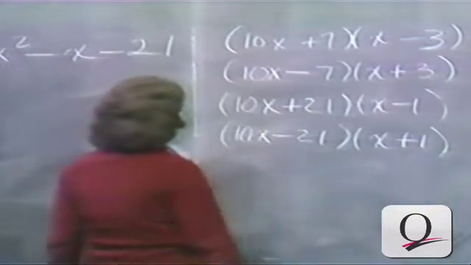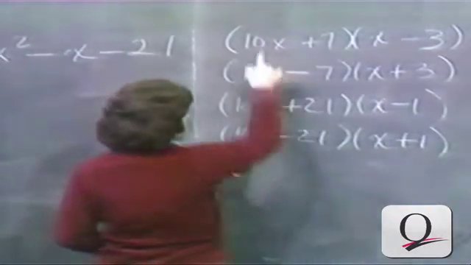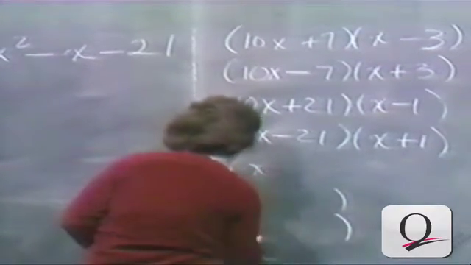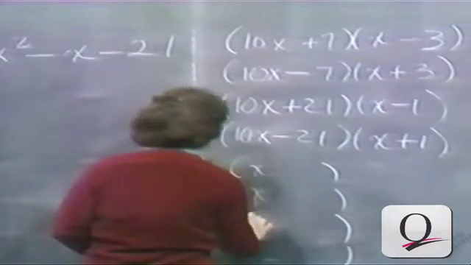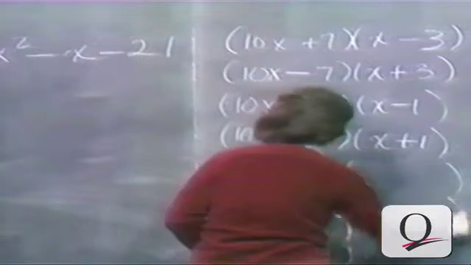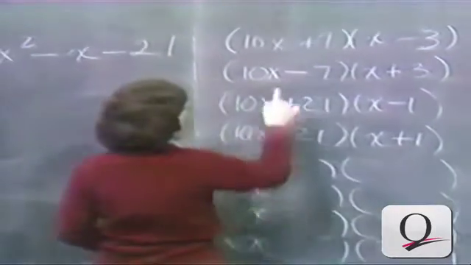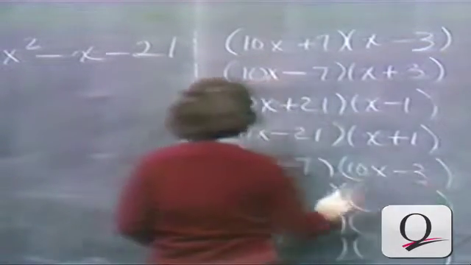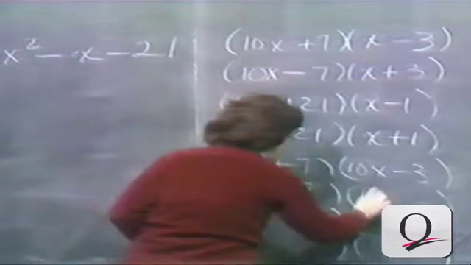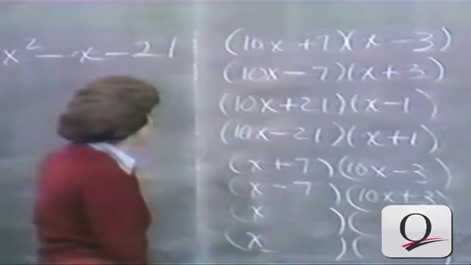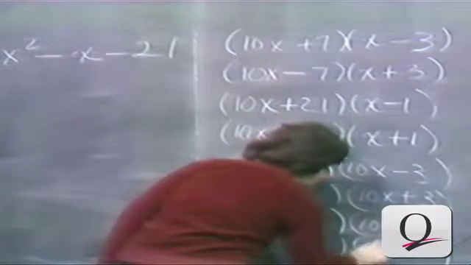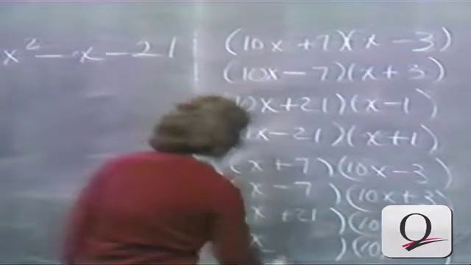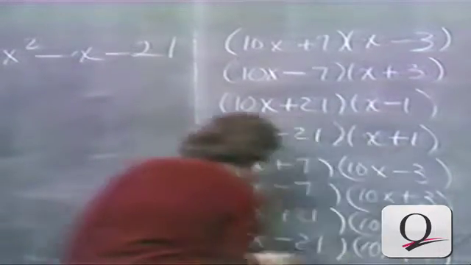We can start, for example, with the x here and the 10 there, giving us the x plus 7 and the 10x minus 3, the x minus 7 and the 10x plus 3, the plus 21 here and the minus 1 here, and the minus 21 here and the plus 1 here.